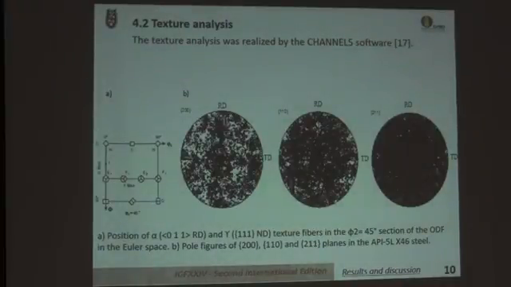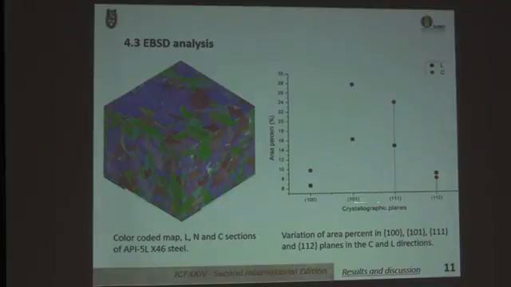Then we made a textural analysis to determine the density of the crystallographic orientation of the steel, and we determined the variation in percent of the planes present in the longitudinal and circumferential directions.